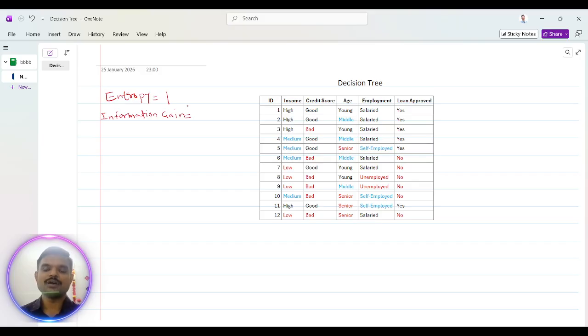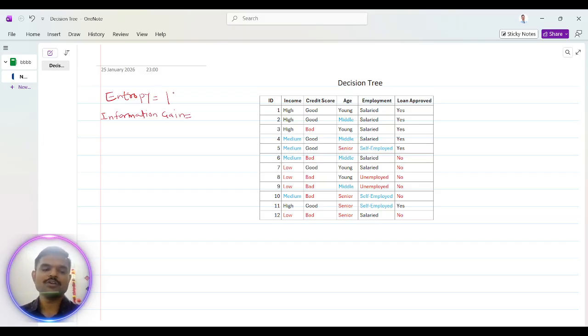Now, what is the formula? Here entropy is 1 because 6 are yes in the loan approved column and 6 are no in the loan approved column. Half yes, half no, that's why it is 1. If all are yes or all are no, then it is 0.